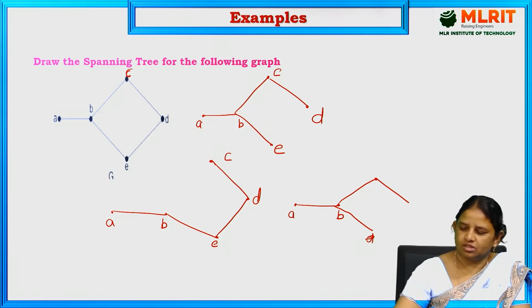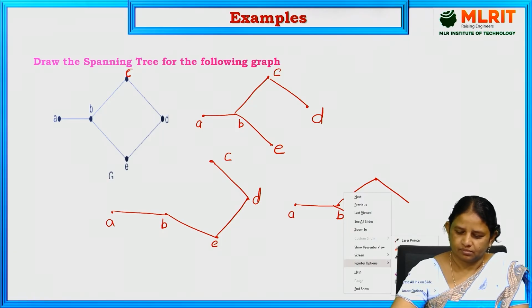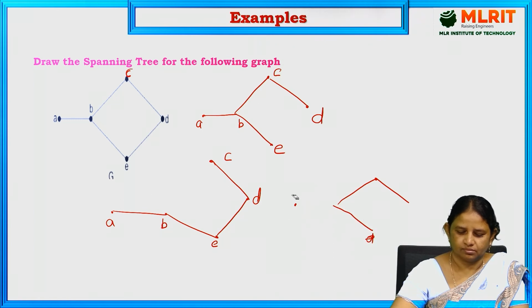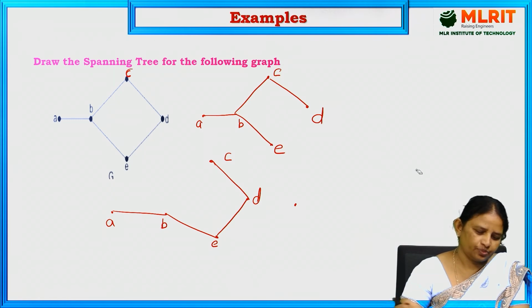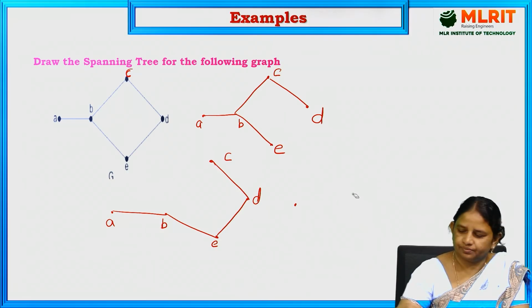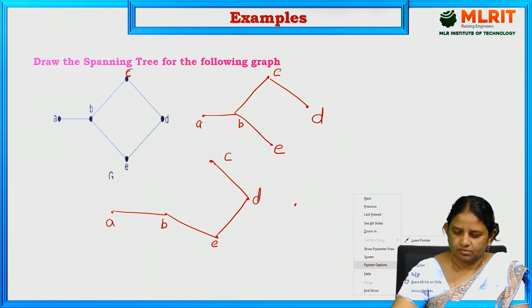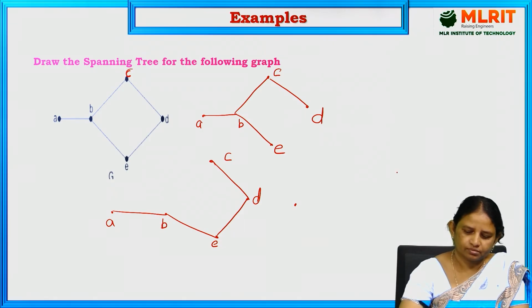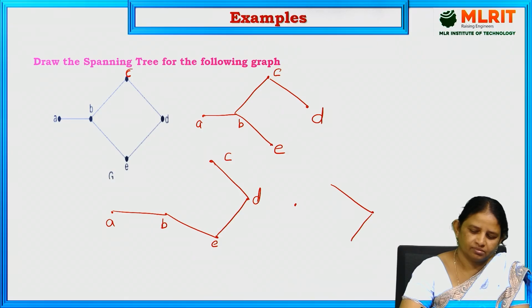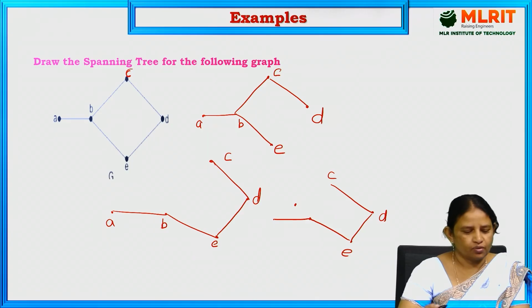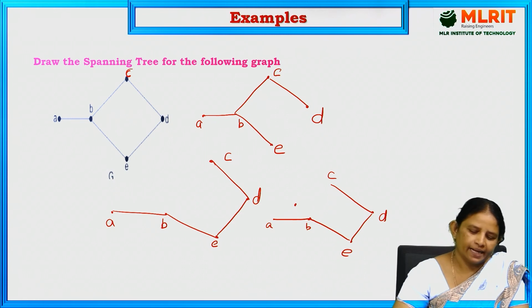Next, we can draw like this: C to D, D, C, E. This is also one spanning tree. So for one graph, we can draw any number of spanning trees, but each contains a minimal number of edges.